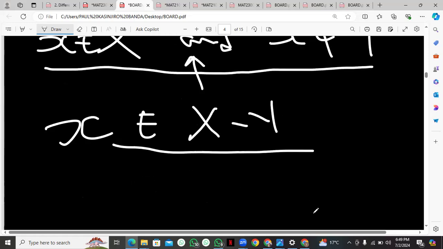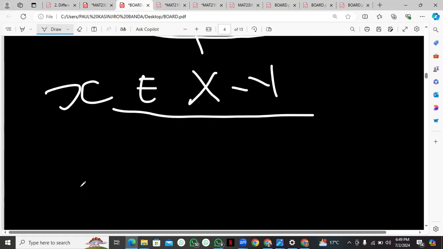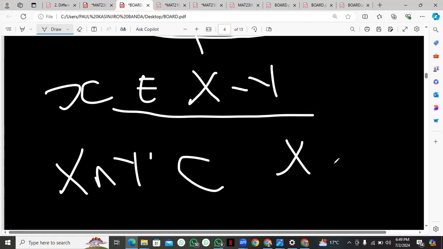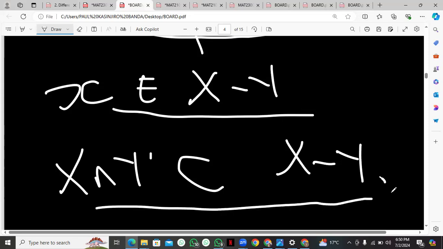So X intersection Y complement is a subset of X minus Y, and we can name this as our equation 2.